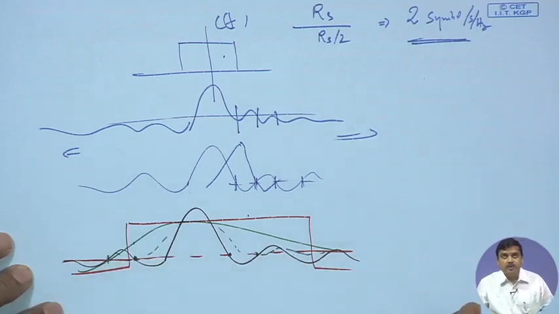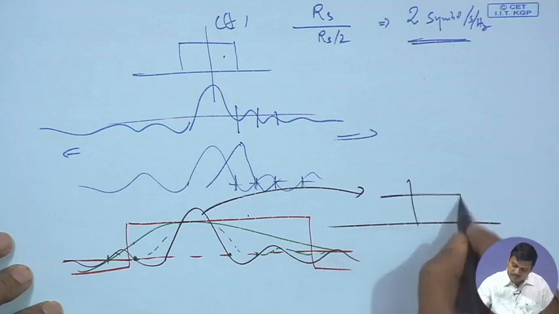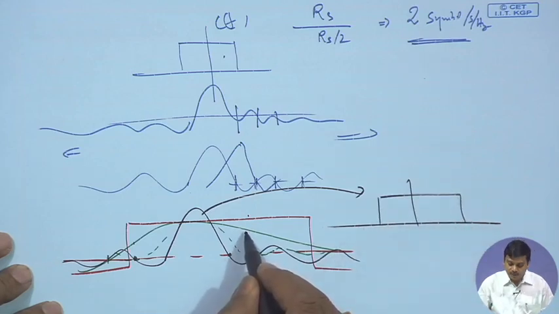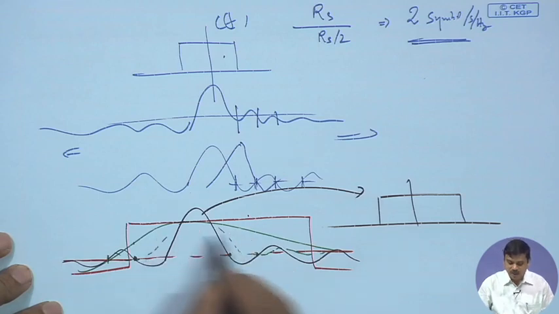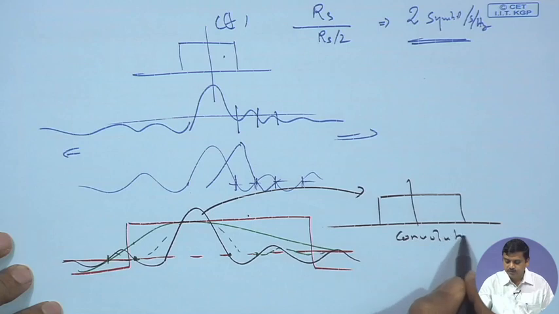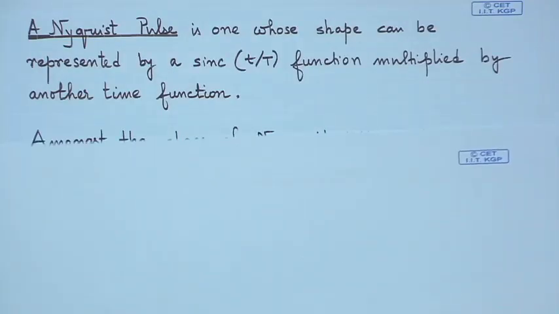So, in the frequency domain what happens? It is a convolution of this, which produces in the frequency domain a rectangular pulse, and this will produce some frequency domain structure. So, time domain multiplication would mean frequency domain convolution. That is why we said it is convolution in the frequency domain.